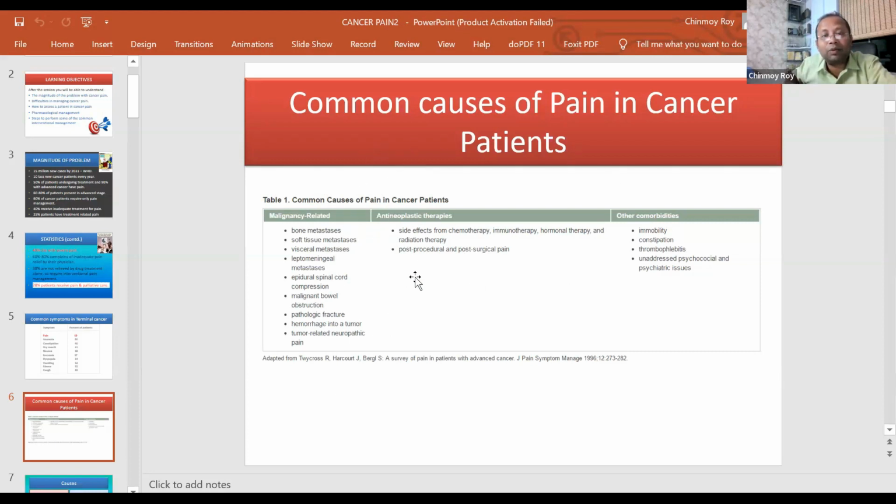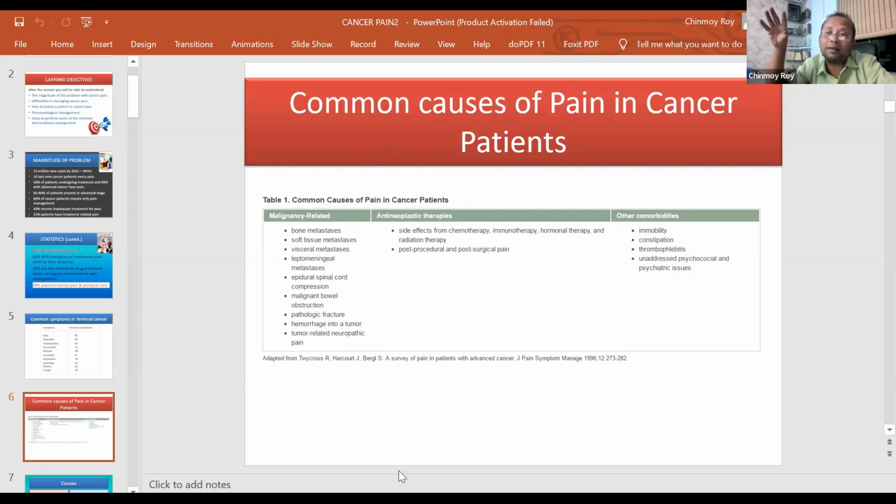Second thing is anti-neoplastic therapies. So side effects from chemotherapy, immunotherapy, hormonal therapy, and radiation therapy. All these therapies can affect the nerves which are nearby to the cancer lesion. These nerves also can get affected during radiotherapy, and mainly radiotherapy, chemotherapy and immunotherapy cause neural damage all over the body.